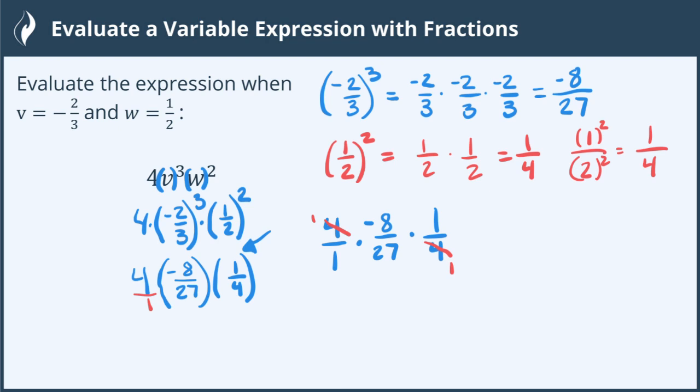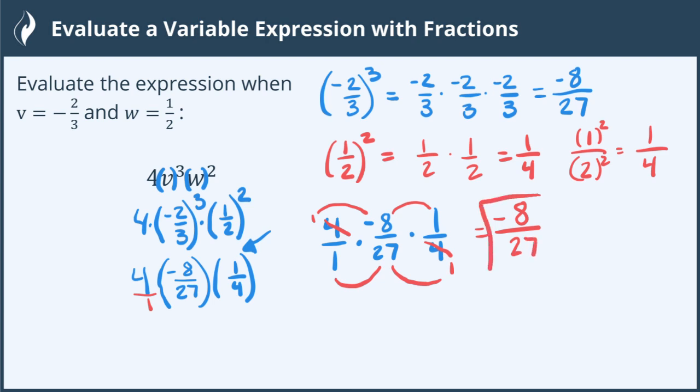And now, since I only have 1's on the bottom, and the 27 and an 8 on top, I'm going to check 8 with 27, and nothing simplifies there. So I have 1 times negative 8 times 1, which is negative 8. And on the bottom I have 1 times 27 times 1, which is 27.